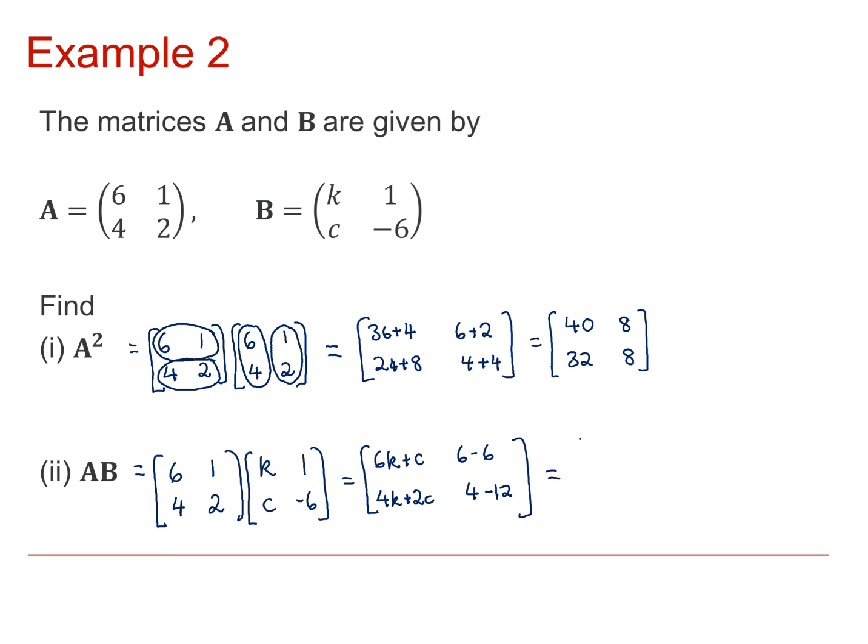That gives me 6k plus c, 0, 4k plus 2c, and minus 8.